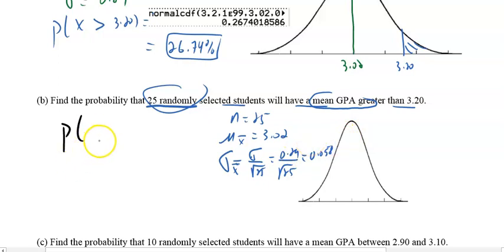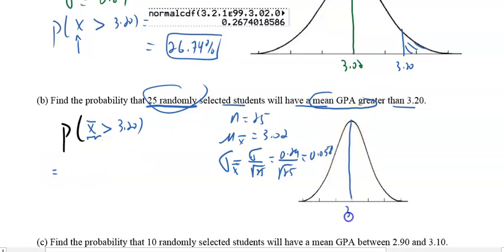Now I'm looking for a probability that the mean of those 25 is greater than 3.20. Unlike an individual student, this is the 25 students.